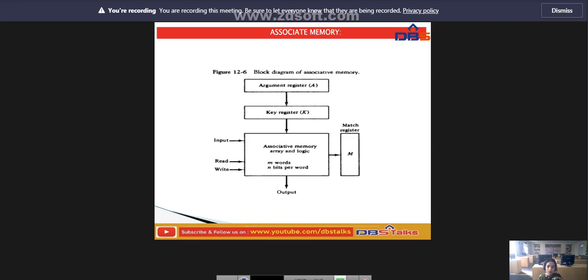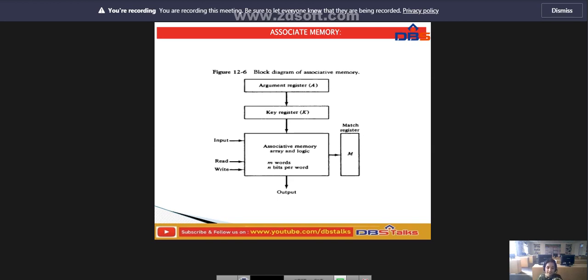Each word in the memory is compared in parallel with the content of the argument register. The words that match the bits of the argument register set the corresponding bits in the match register. After the matching process, those bits in the register that have been set indicate that their corresponding word has been matched.